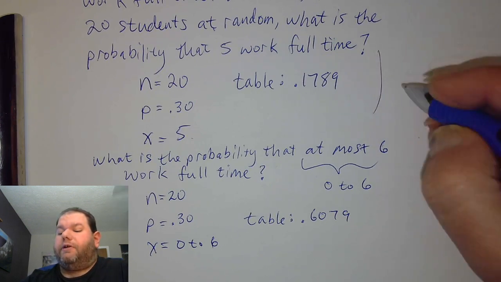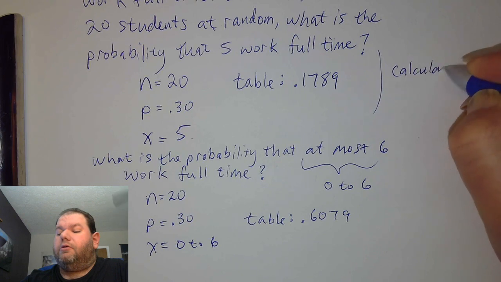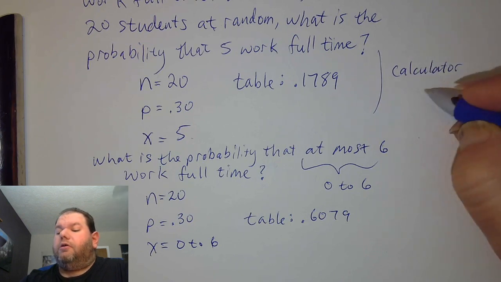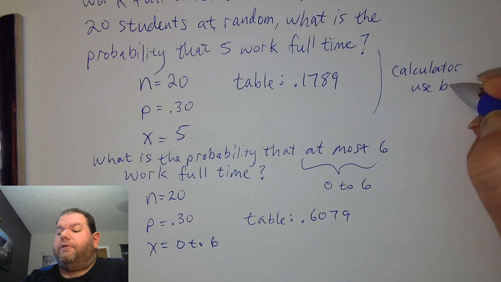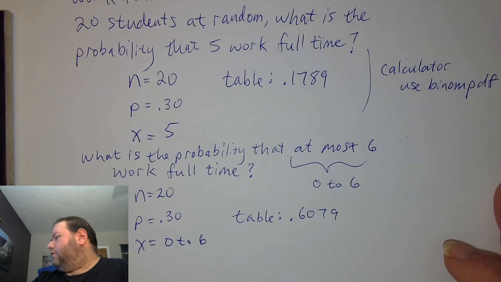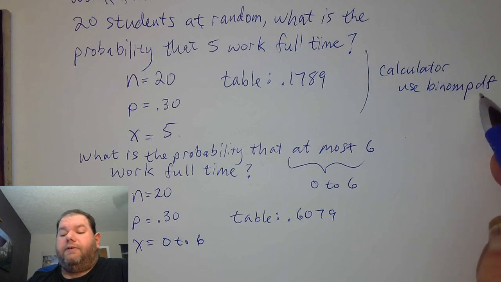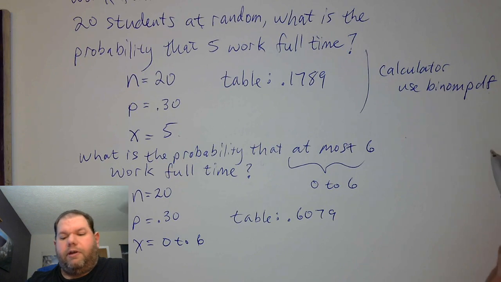So for this one on the calculator, we use what's called the Binomial Pdf. And that stands for Binomial Probability Density Function. But binomial probability is the main part of that. Don't worry about the density function.